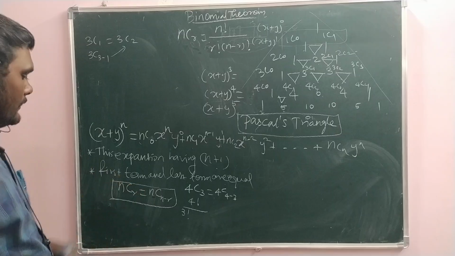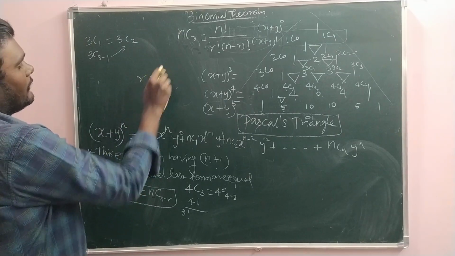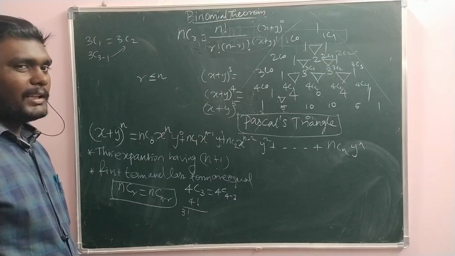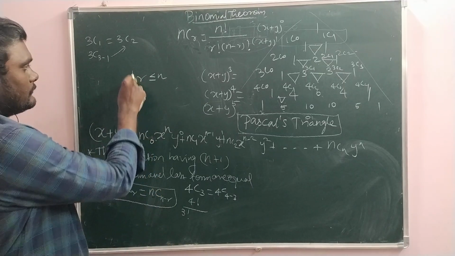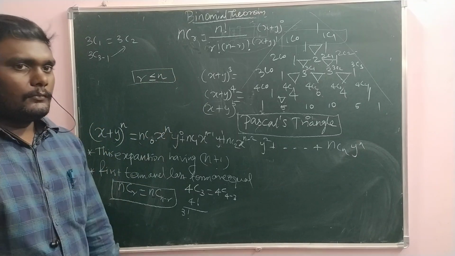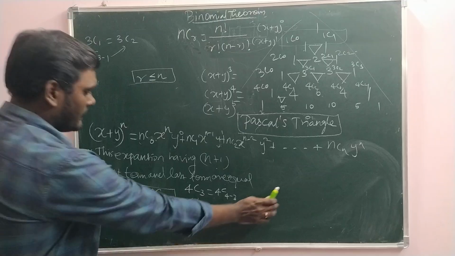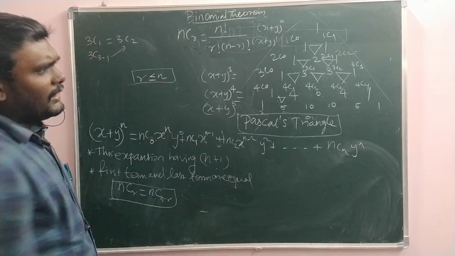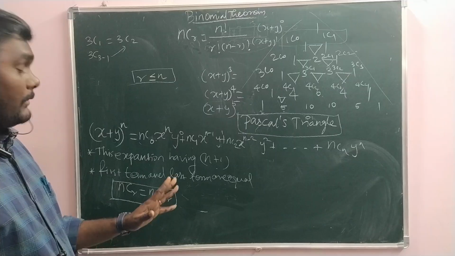And this r value is always less than or equal to n. It will not exceed n. That's all, and some more observations. Like first and last is equal, and it is having n plus 1 terms.